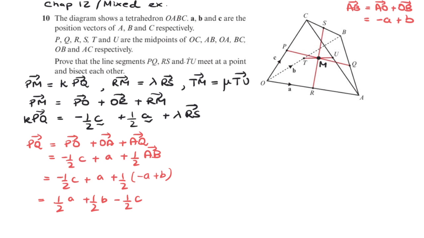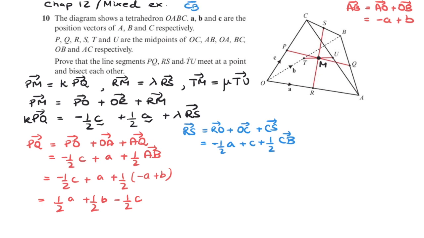Now let's work out the vector RS. RS can be written as R to O plus O to C plus C to S. R to O is minus half of A, plus C, plus half of CB. Again, we don't know what CB is, so we can work that out quickly.